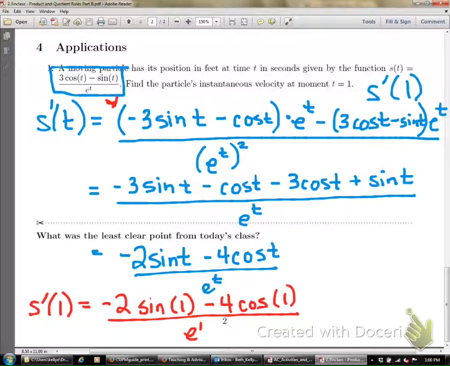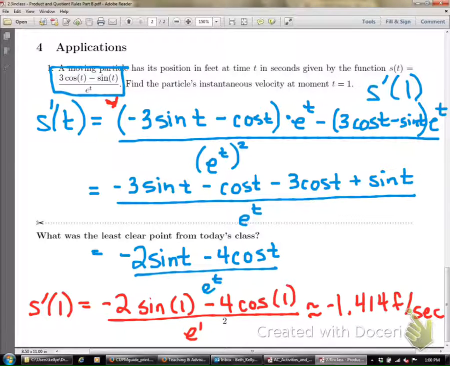If we wanted an exact answer, this would be our exact answer and our units would be feet per second. Many times in a word problem we actually do want an approximation. So let's go ahead and approximate this. So I get approximately negative 1.4114 feet per second.